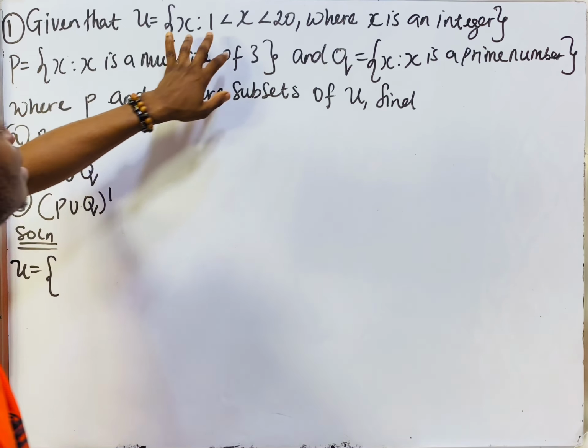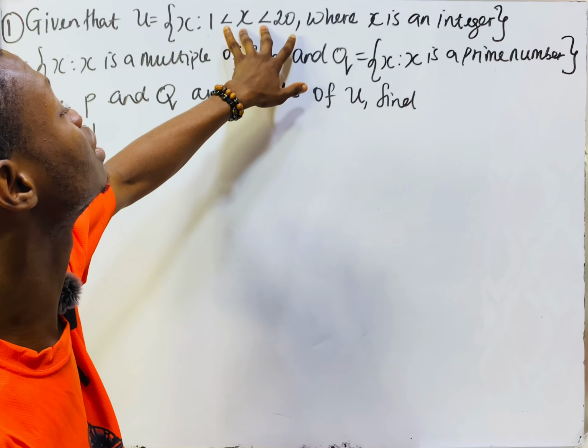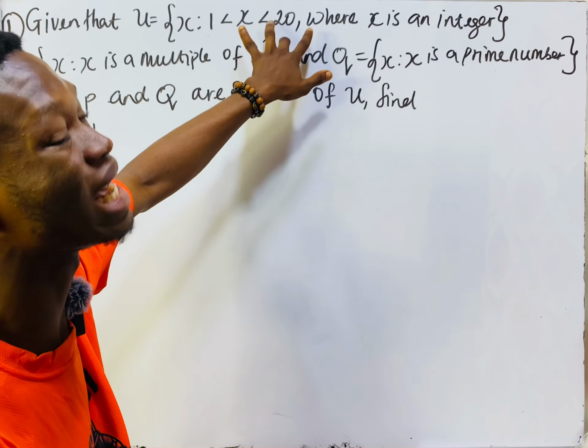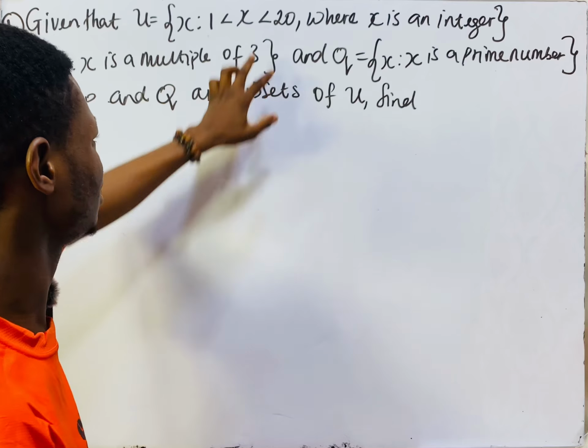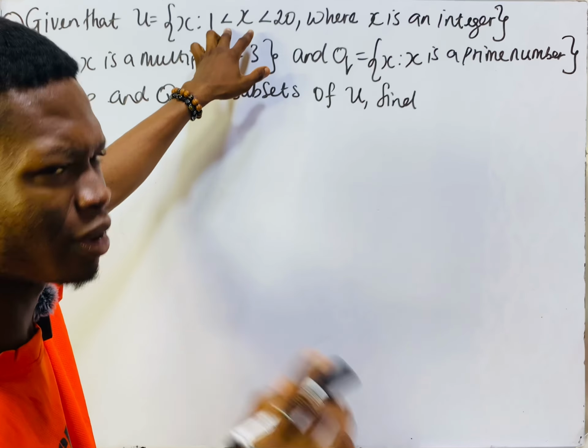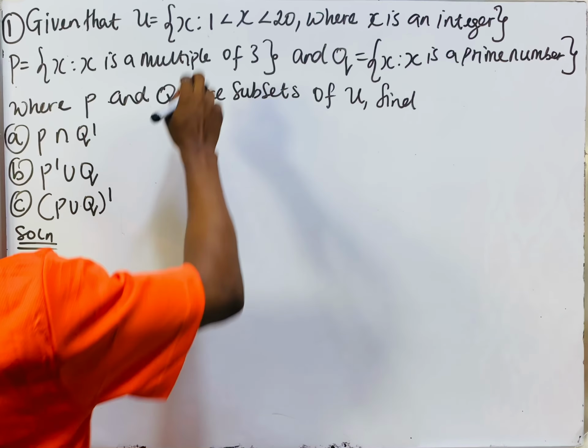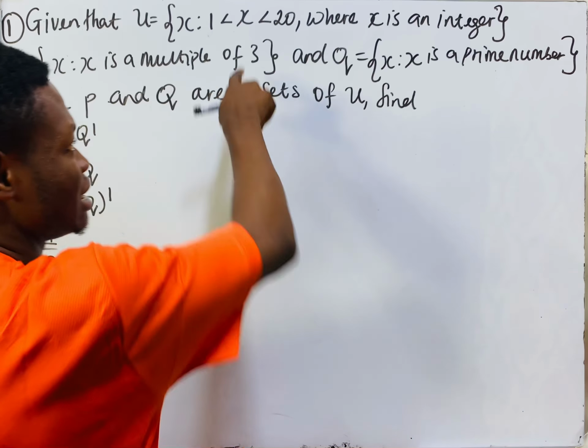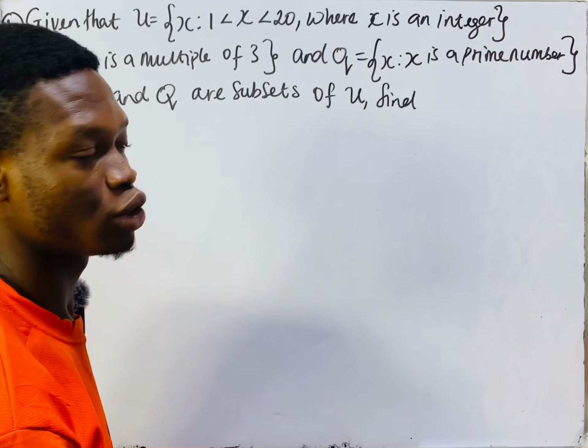So they say that U contains from 1 to 19. Okay, they said x is greater than what? 1. So we are going to start from where? 2 to what? 19. That x is supposed to be less than what? 20.